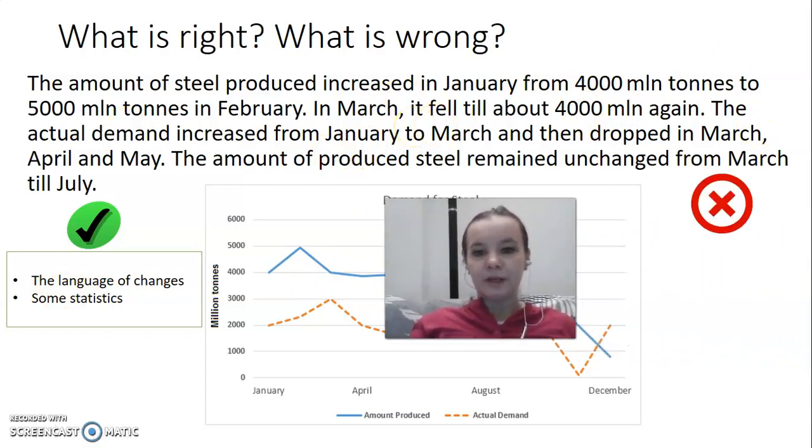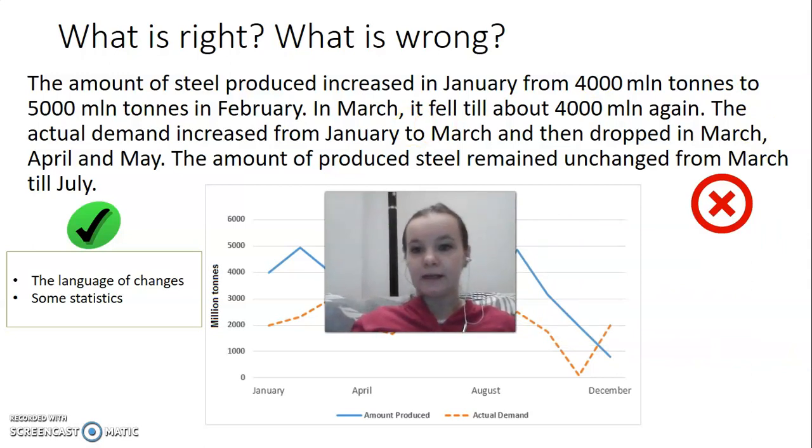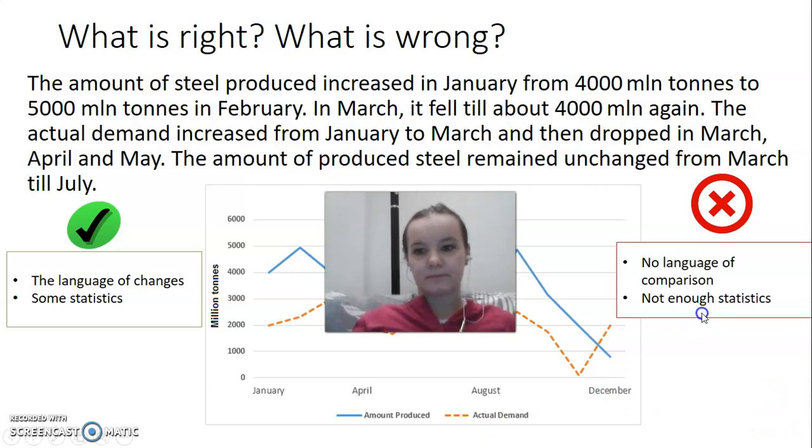What can be improved is that there is no language of comparison. Since we have two line graphs, we need to compare them. Only saying this increased, this decreased, this fell, this remained unchanged is not enough, right?